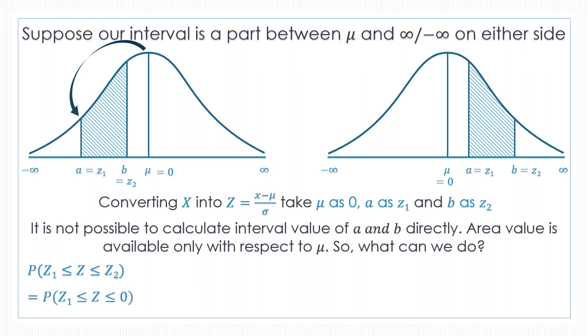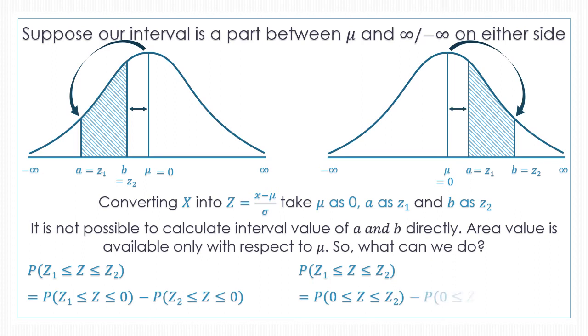That is, Z1 to 0, I am calculating first: Z1 less than or equal to Z, less than or equal to 0. And I also have the value of 0 to Z2, yes or no? I also have a value from 0 to Z2. That means I have Z1 to 0 and Z2 to 0. So what if I just take the difference?